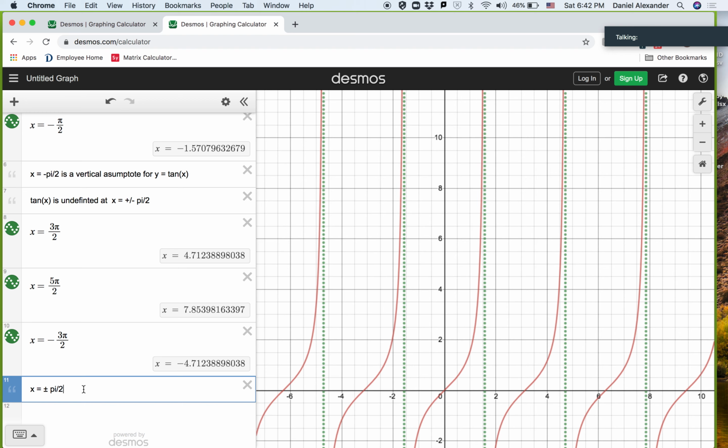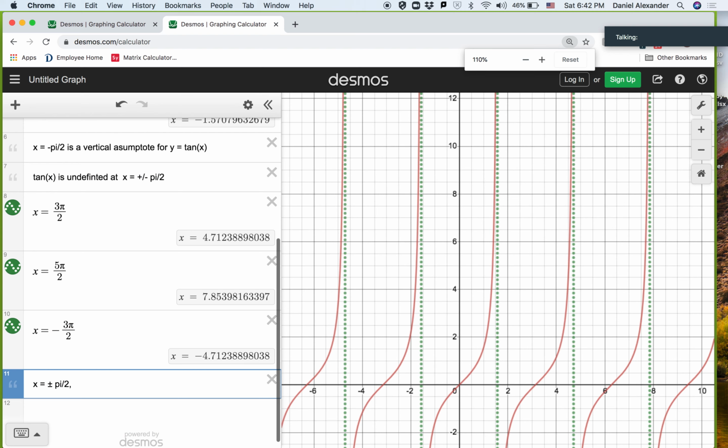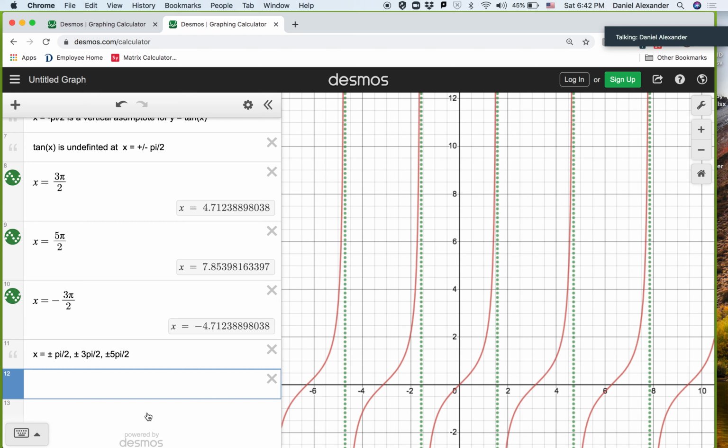And then plus or minus 3 pi over 2, plus or minus 5 pi over 2. So basically, these are all going to be vertical asymptotes. Strange function. Notice that it repeats itself.